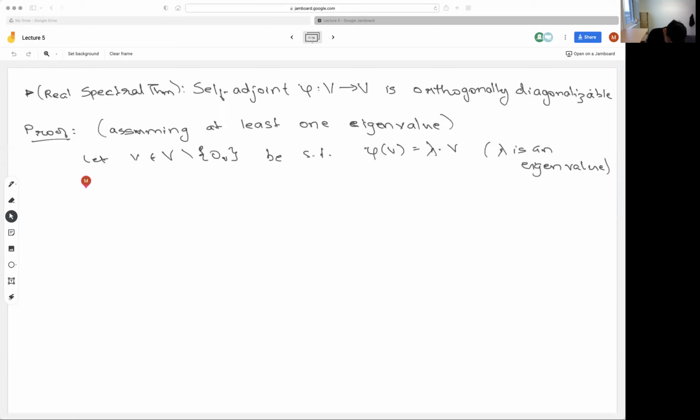We're doing an induction on the dimension of the space V. The first line is just how we interpret the assumption. Okay, so now let's start with the base case.